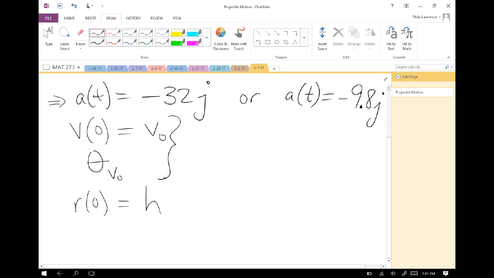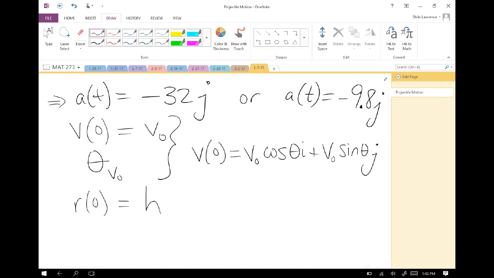So to get them written as a vector, we're going to have to take a magnitude and an angle and split them into components. And the way that we said we were going to do that is our conversion formula that said the x component was magnitude cosine theta, the y component is magnitude sine theta. So we said v sub 0 cosine theta i plus v sub 0 sine theta j. So that takes our initial velocity as a magnitude and a direction and writes it as a vector. And then our initial position is just a height, so it is going to just have a j component on it.